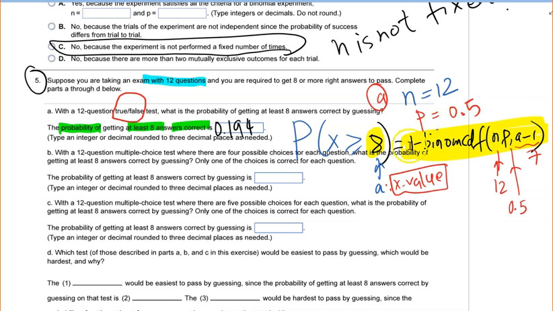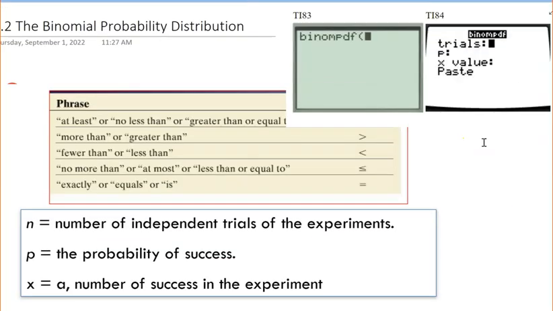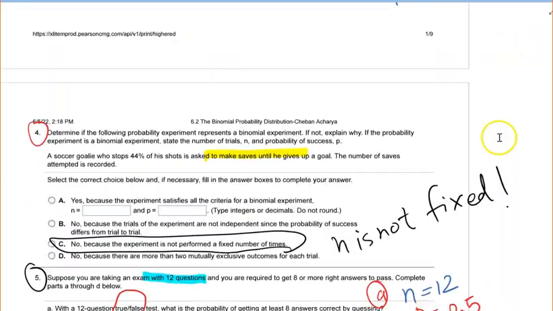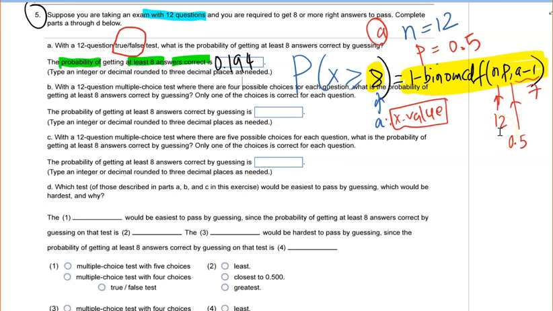If you have a different version of the calculator, you type 1 minus binomCDF, and you'll see the number of trials, p value, and x value options. You put in these values, paste and enter, and you get the same answer. Okay, I answered the first question. Let's answer the second question.